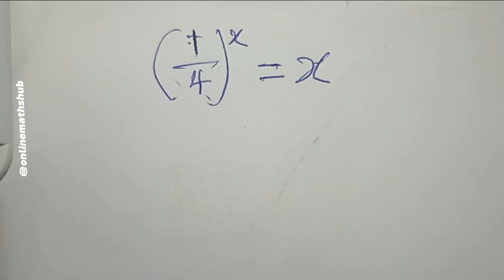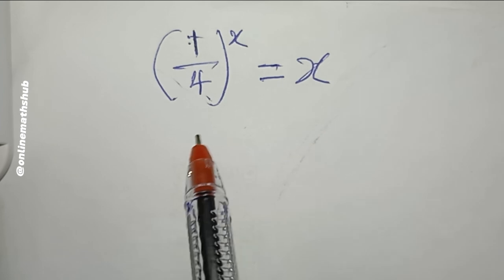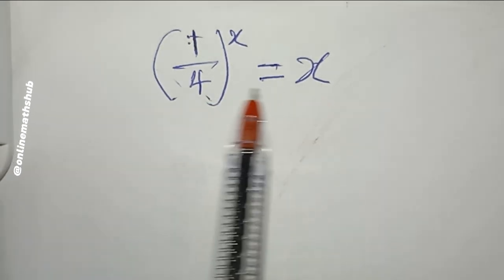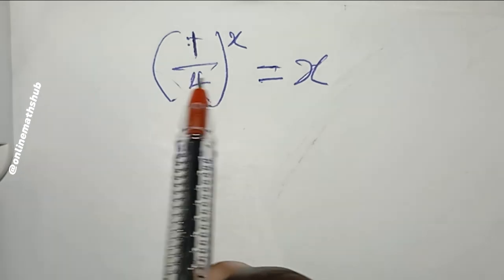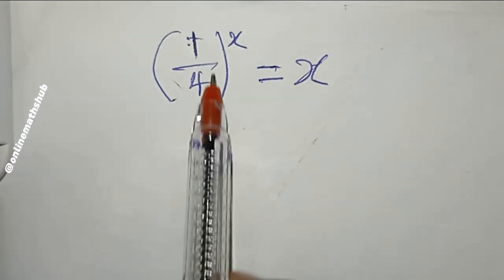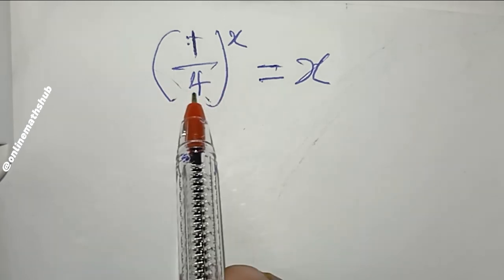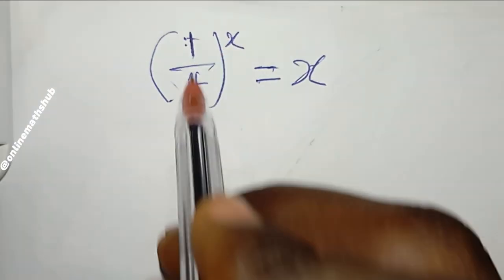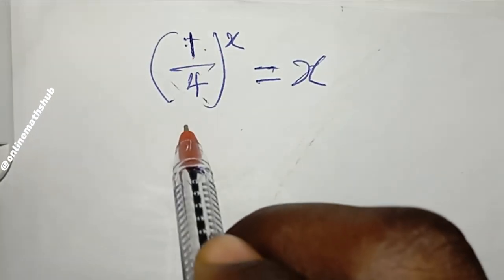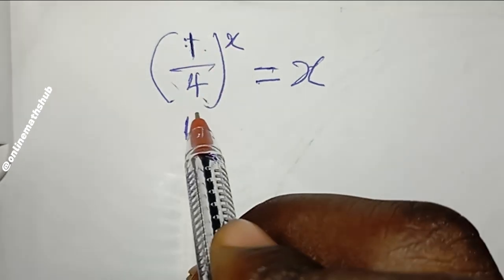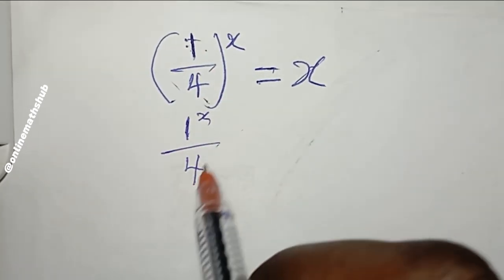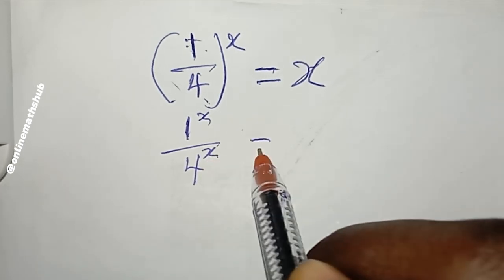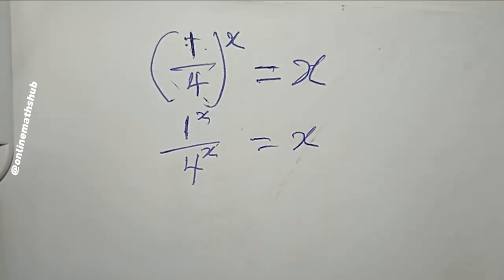Let's delve into this video. What I'm going to do is expand this. You can see 1 divided by 4, all to the power x. I'm going to split that, so I can write this as 1^x divided by 4^x is equal to x.